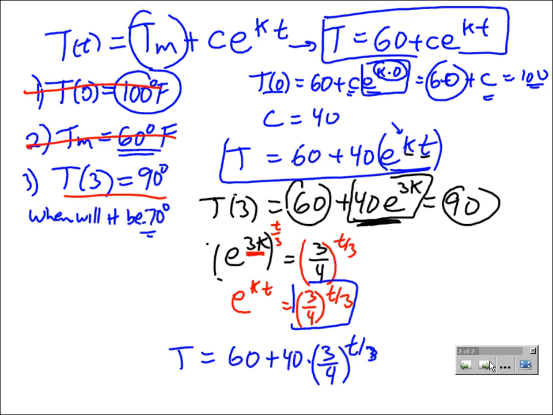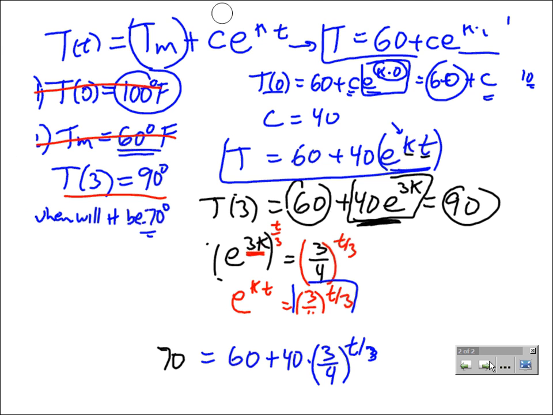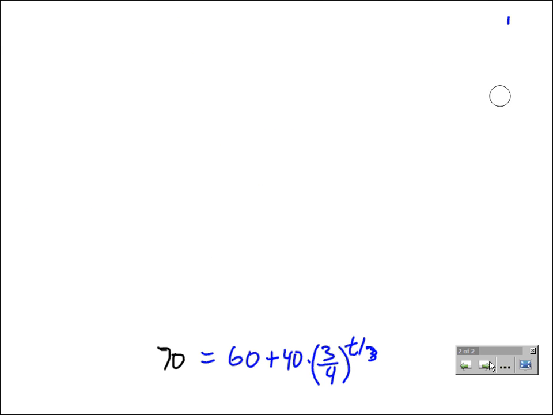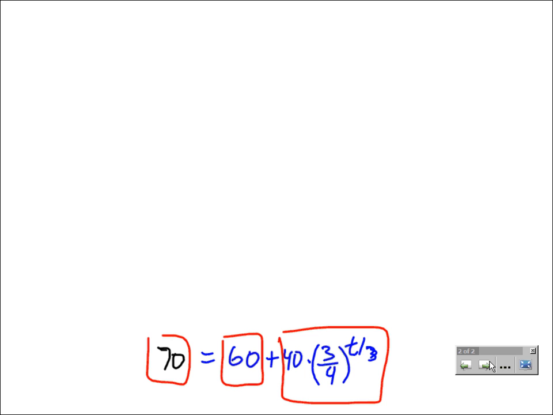Now I want to know when T will be 70. That is, I want to solve this equation. I'm going to get rid of almost all of it, and we're going to solve that equation. Hope you realize that these are the three terms, and 70 is equal to 60 plus 10.